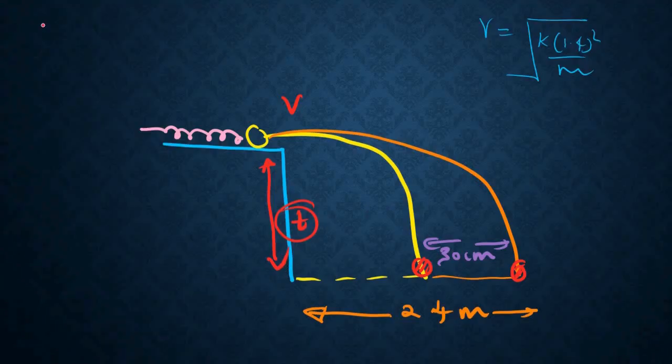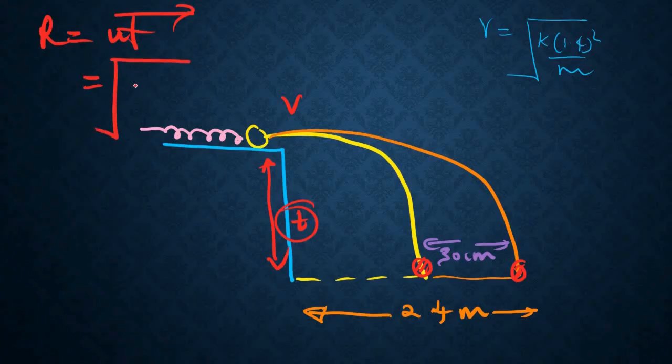So if you are applying the equation for r, the range equals ut, because we don't have half a t squared in the horizontal direction, so I can take u as root k into 1.4 squared over m, into t.